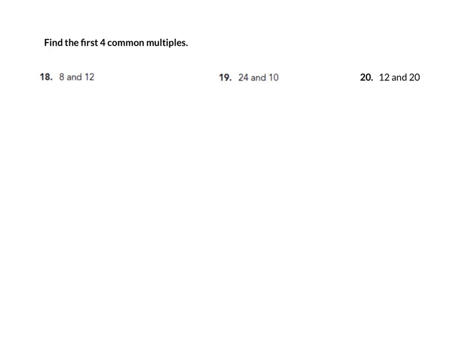So if we look at 8 and 12, I can list out the first couple. I can list out 8 starting with 8, 16, 24, 32, 40, 48, and they do keep going.